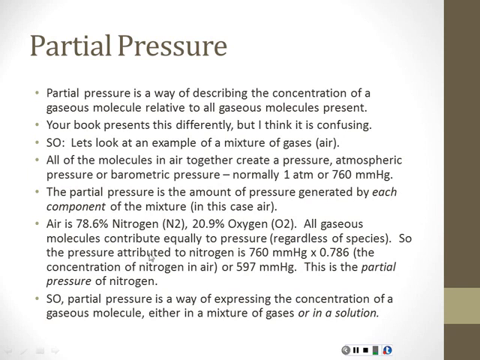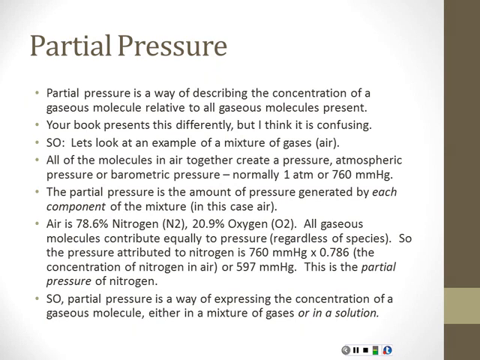All right, we never talk about nitrogen in the body, but we do talk about oxygen. We're going to see that oxygen has a partial pressure and carbon dioxide has a partial pressure. The key to understanding what that means is that it's simply a measure of concentration. Just like we might say there's 100 milligrams of sodium in this liter of water, partial pressure is saying the same thing.